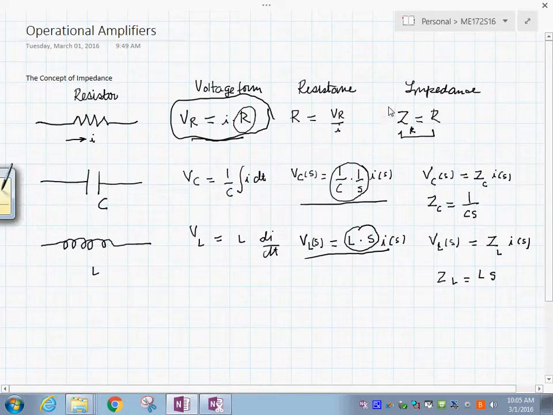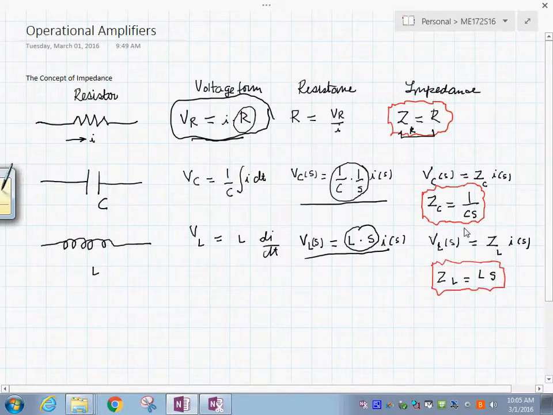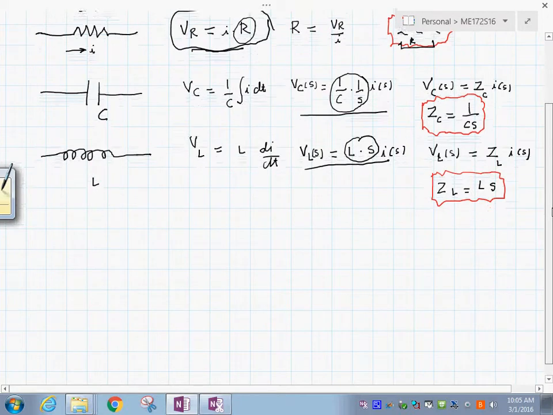Okay, very good. With this introduction, basically what I have done is to set you up to understand a little bit of the operational amplifiers. So let's just draw one of them.